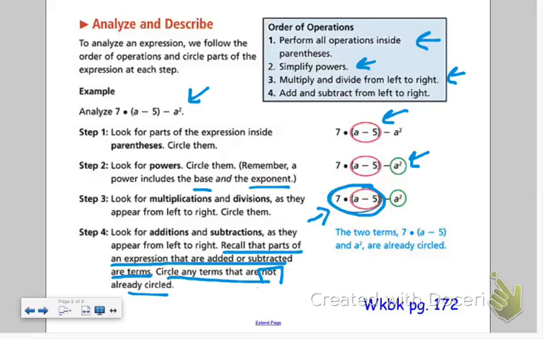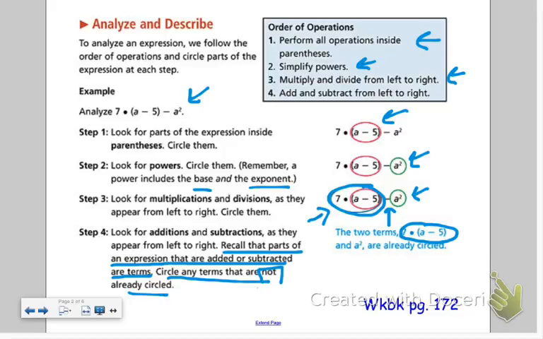We actually have 2 terms here. Obviously, this a to the second power is one of the terms. It's being separated from the other term by that subtraction sign there. The other term is 7 times a minus 5, or 7 times the difference of a and 5. That whole thing is a term.